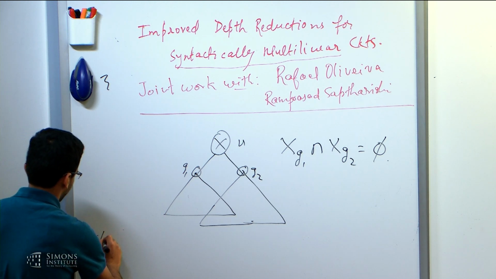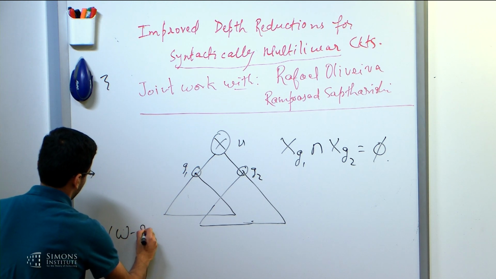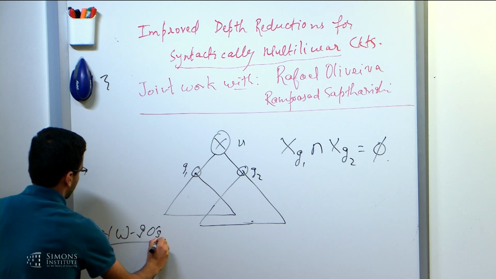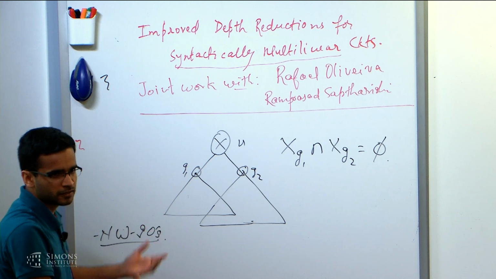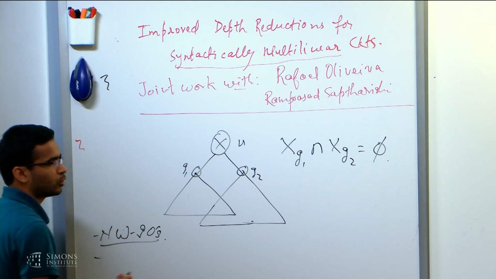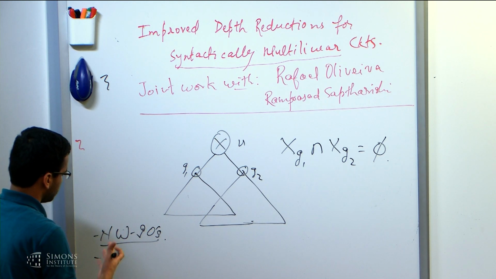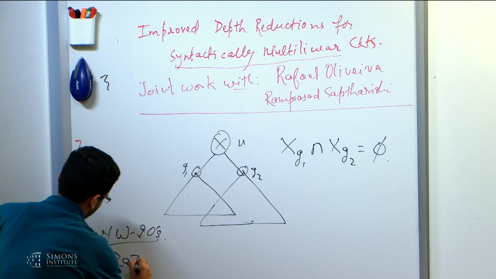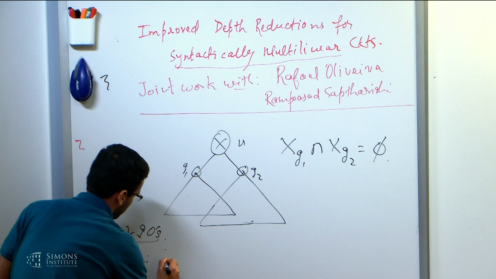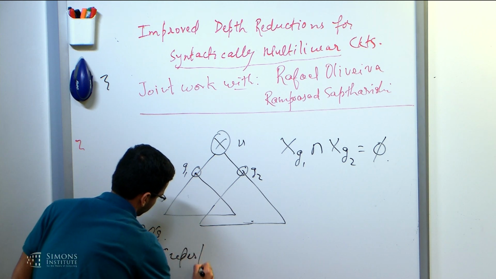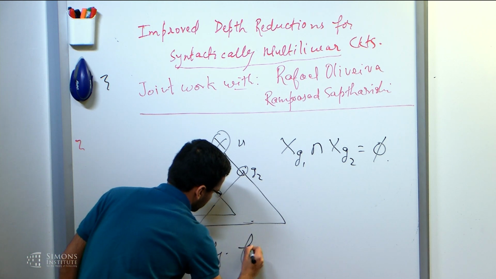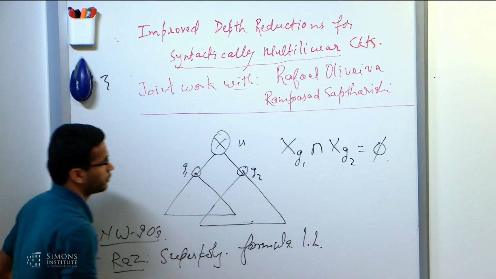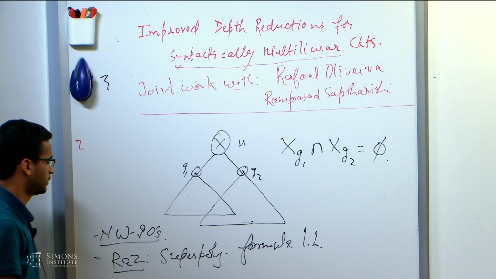It started with this paper of Avi and Noam Nisan from the 90s, where they defined something which looked like this and proved some lower bounds for it. But the real important results happened in the decade after that, where Raz proved super polynomial formula lower bounds for syntactically multilinear formulas.